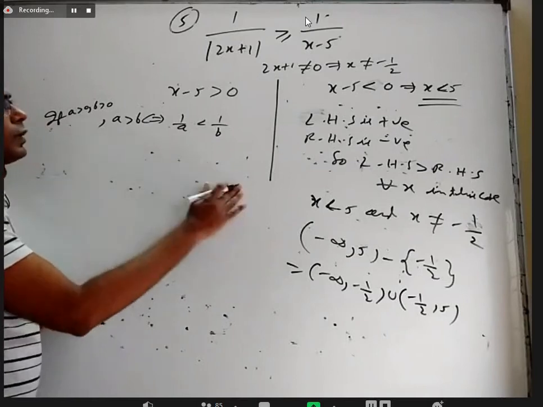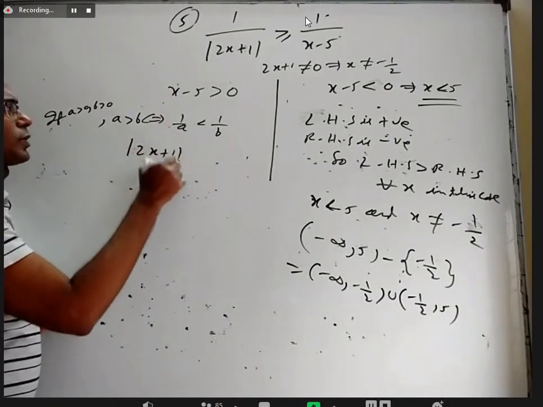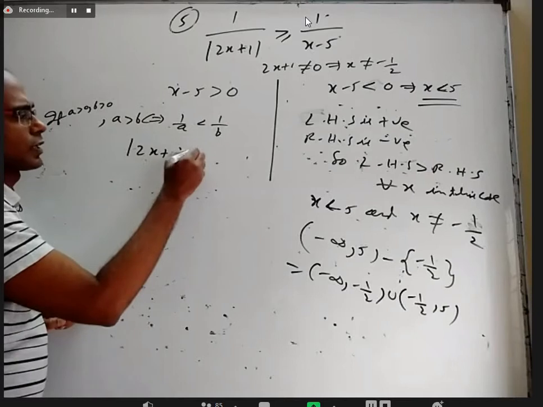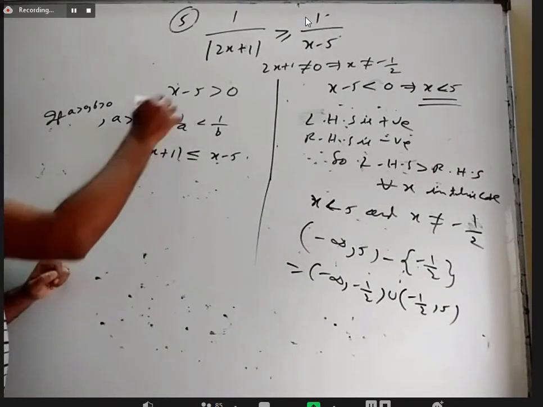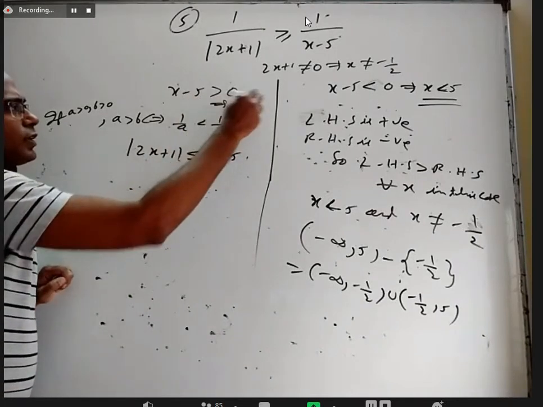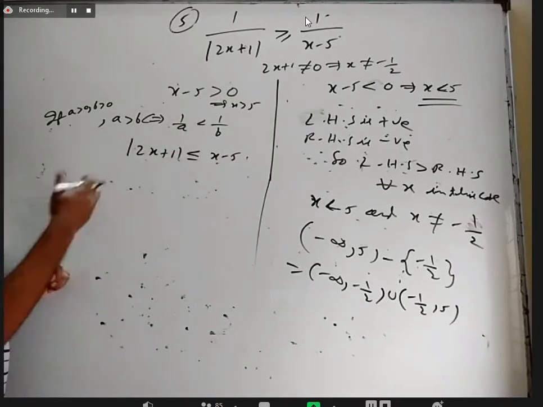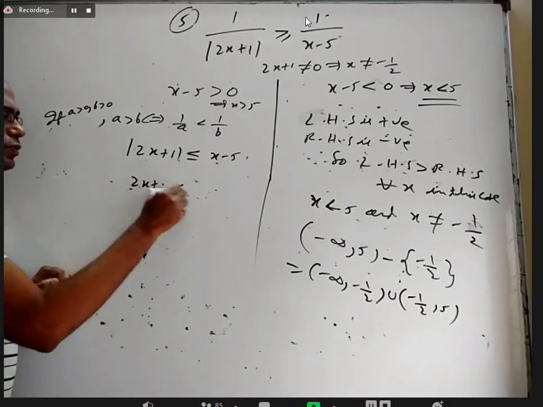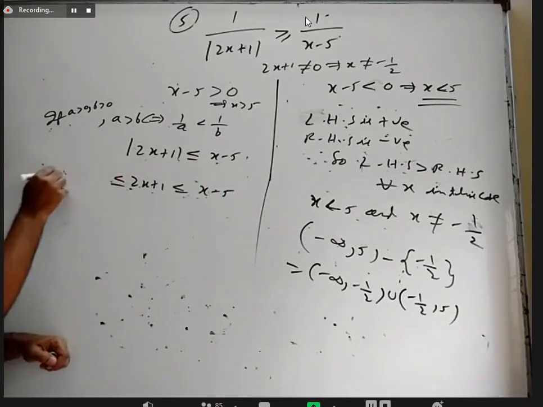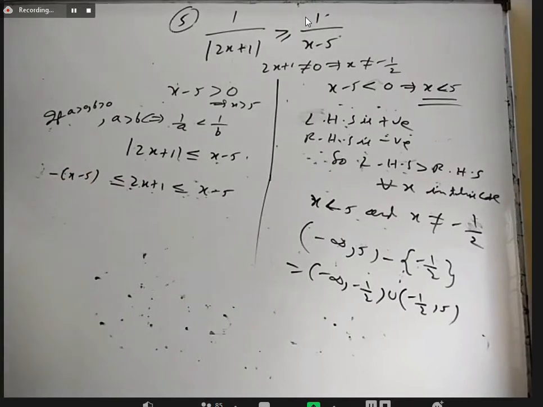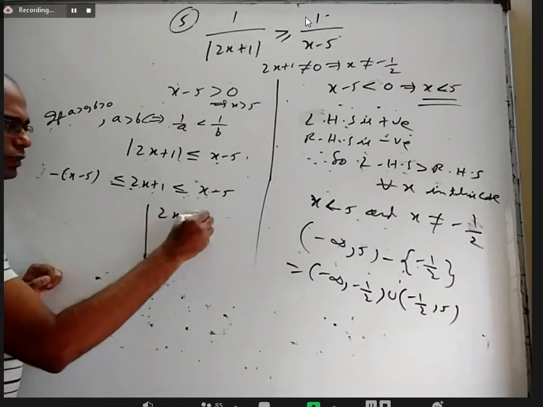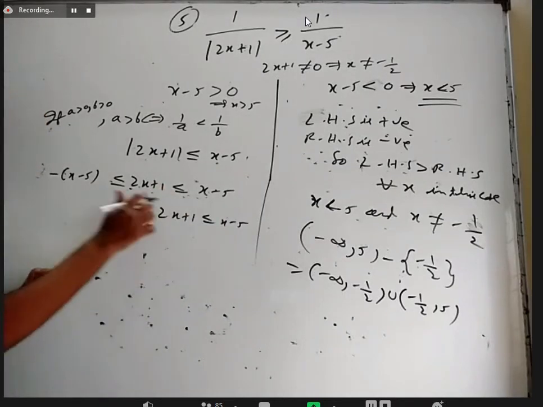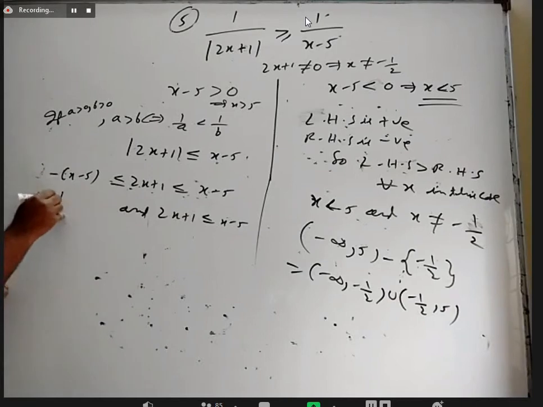Based on that, I can write mod 2x plus 1 less than or equal to x minus 5. We know how to solve this. Anyway, our case is x greater than 5. Mod x less than k means x should be between minus k and k. So we get 2x plus 1 less than or equal to x minus 5, and minus of x minus 5 less than or equal to 2x plus 1. That is, minus x plus 5 less than or equal to 2x plus 1.